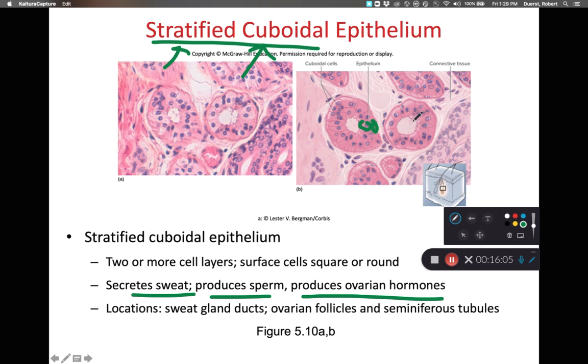And the secretions will go into an empty space referred to as the lumen. I just circled the lumen right here in green. So here's one lumen, here's a second lumen, there's a third, and there's a fourth lumen. And we find that these cells are going to be primarily associated with glandular secretions.